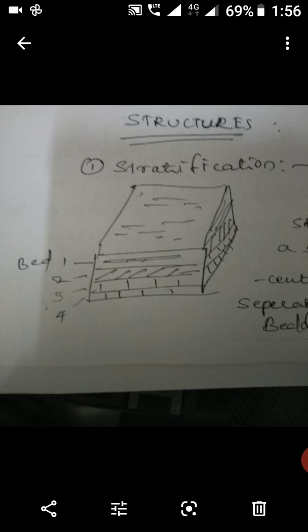These stratifications may be formed due to difference in the kind of material deposited, and difference in size of particles deposited. The layers are separated because of the size of the particles, different types of material deposited, and difference in color also.